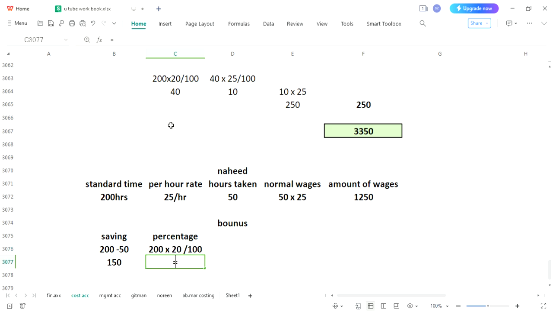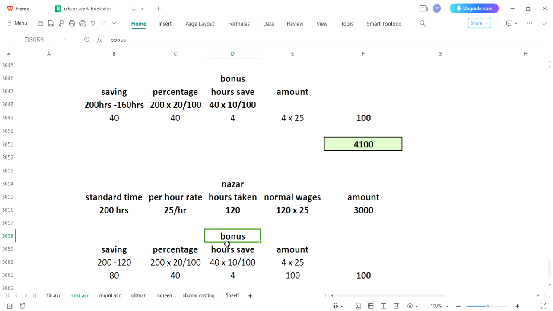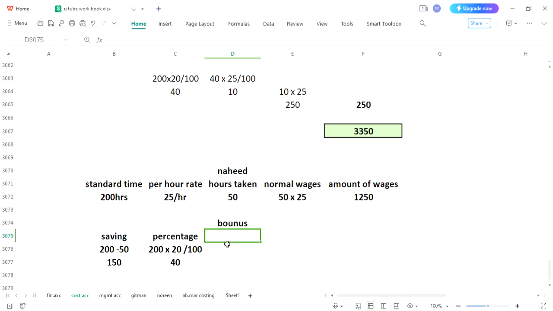Let's calculate the hours: 200 multiplied by 20 divided by 100. Total hours saved are 150. The first stage is only 40 hours. Now we will see its second stage, and what name we have given. These are hours saved.